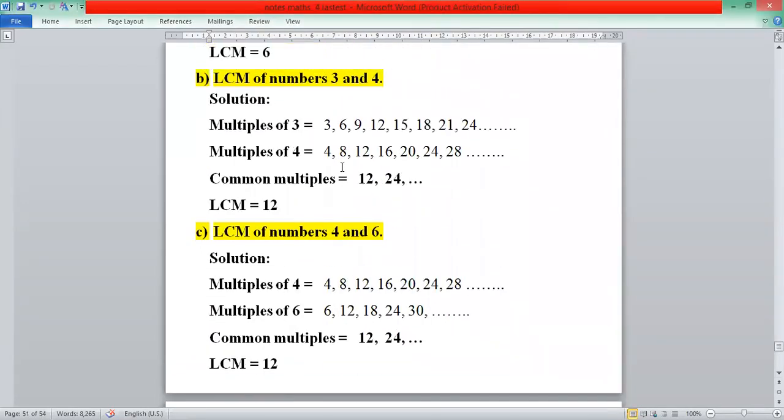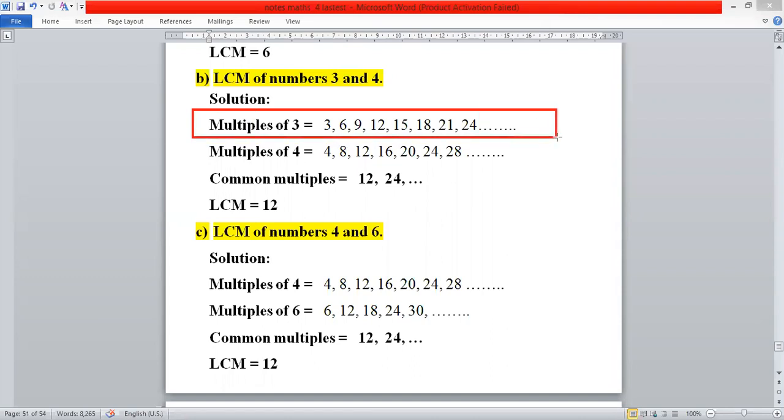Part B, LCM of 3 and 4. Same procedure we will apply. First we will write some multiples of 3. You can write the first 5, 6, 7, 8, or 9 multiples of any number, and after that write 10 or 12 multiples of 4, and then find the common multiples.